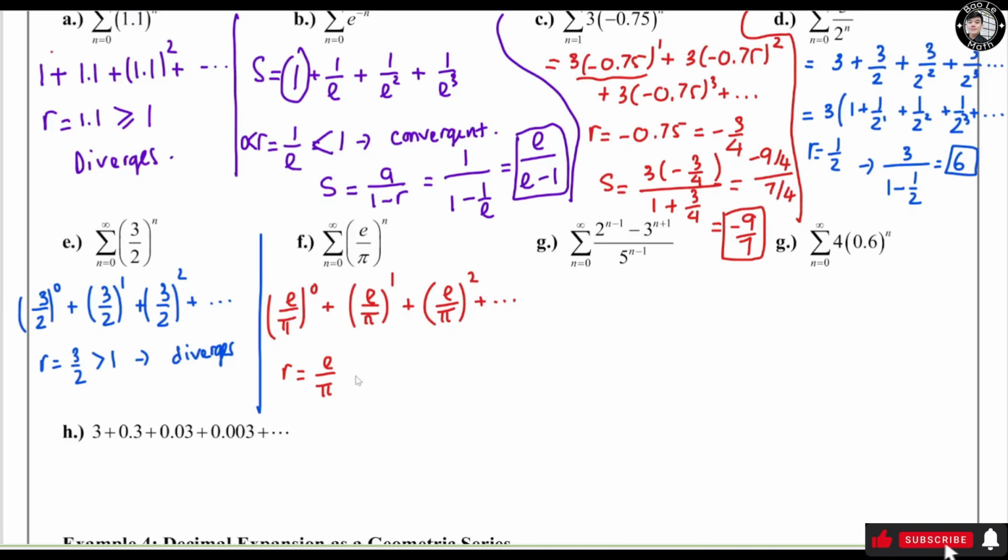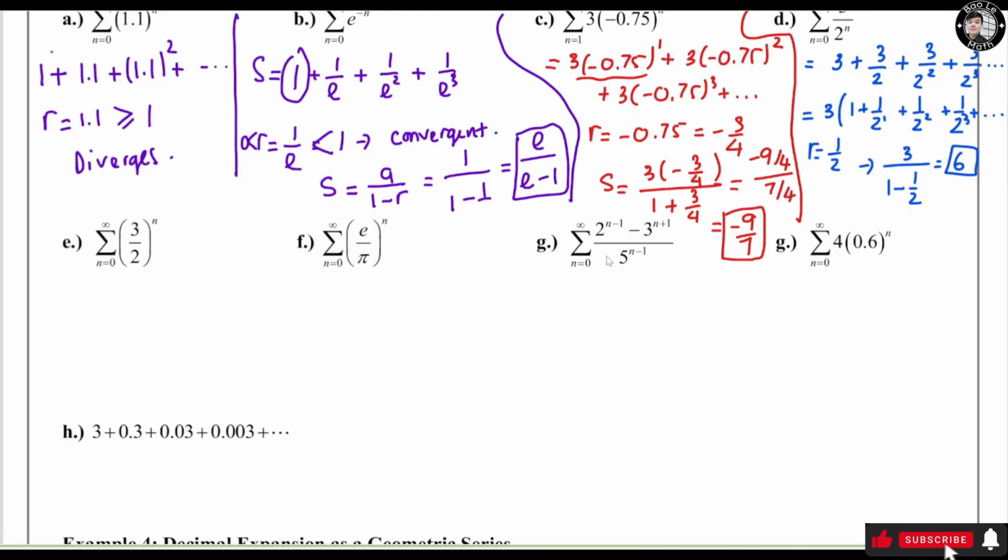So this is less than 1 but greater than 0, then the series converges. So the sum, the first term is right here, it's going to be 1, over 1 minus e over pi. If you simplify this one, it turns out to be pi over pi minus e.